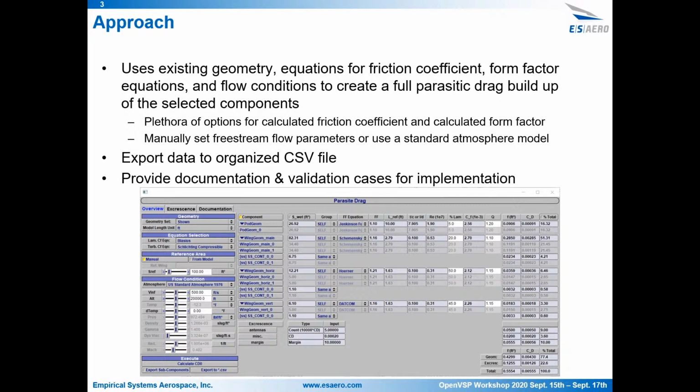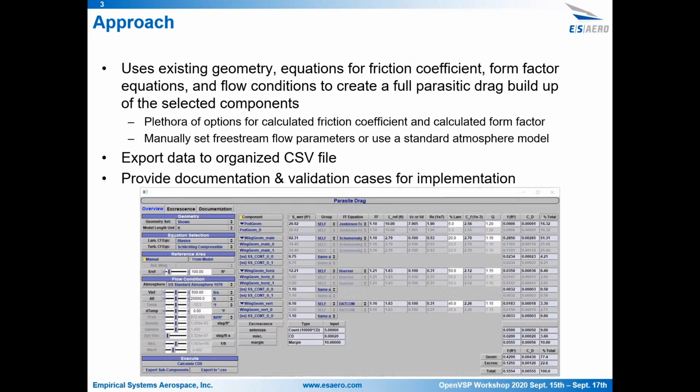Our approach was to bring a lot of the workbook method into the OpenVSP GUI and provide a very familiar interface. You see a data table layout that a lot of people are used to seeing in a Parasite Drag buildup, and a lot of the common parameters are right there in front of you.